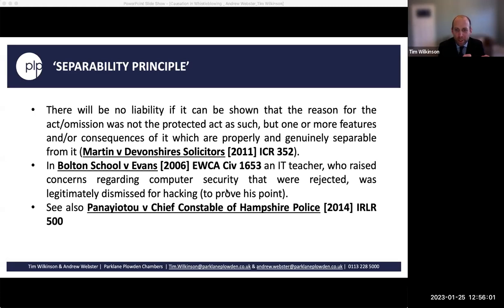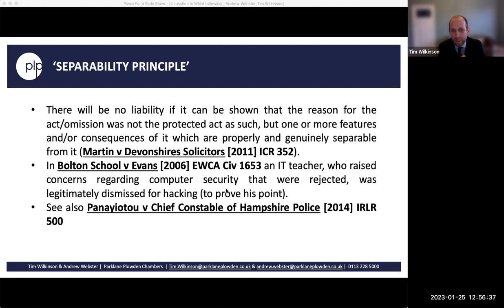So when we're looking at whether something is properly and genuinely separable, and perhaps the manner in which the disclosure is raised, if it's raised in a manner which is ordinarily unreasonable but not wholly unreasonable, an employer should be treated as objecting to the complaint, and the ET should be slow to separate the two and make a distinction between the two. And that wholly unreasonable acts is something that I'm going to again come back to when I discuss Kong.